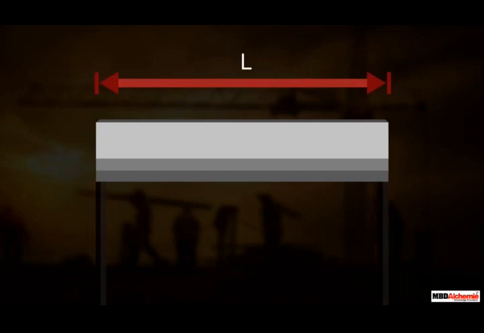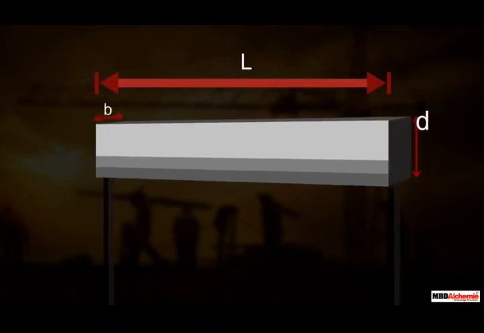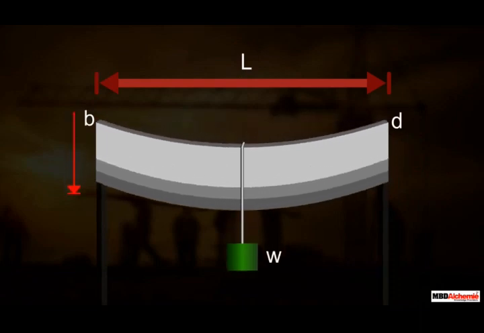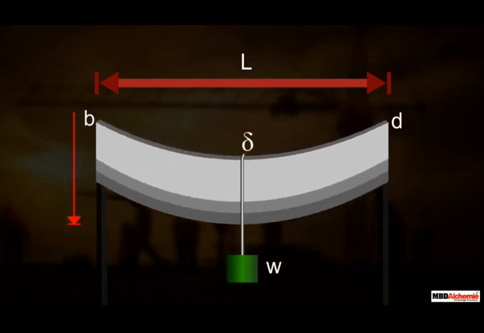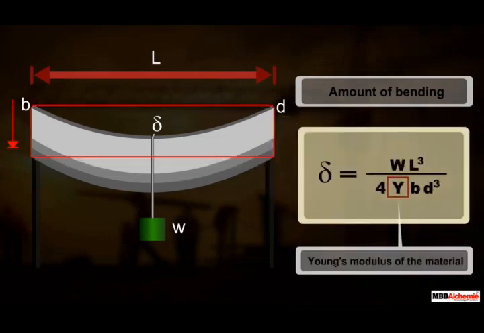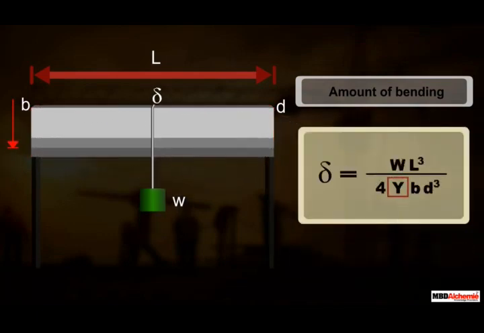Let us understand how. Let us consider the case of a beam loaded at the center and supported near its ends as shown. The beam of length L, breadth B and depth D when loaded at the center by a load W sags or bends by an amount delta given by the following formula, where Y is the Young's modulus of the material.